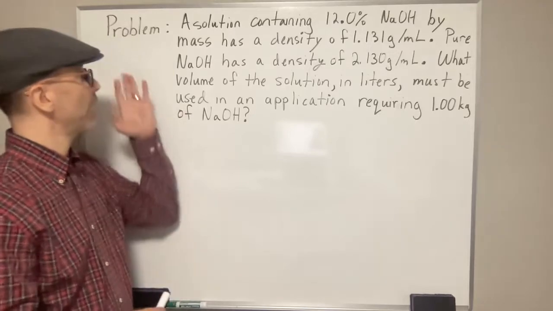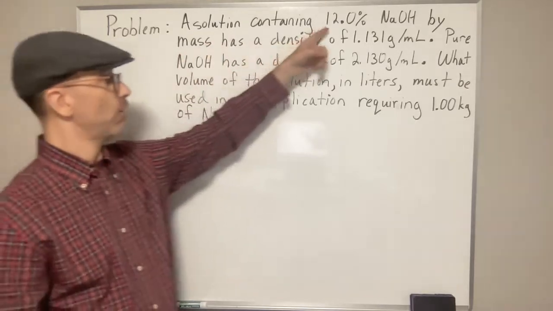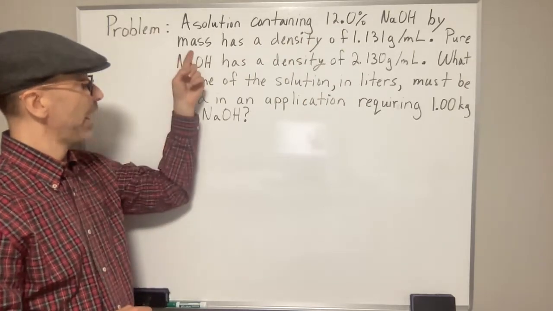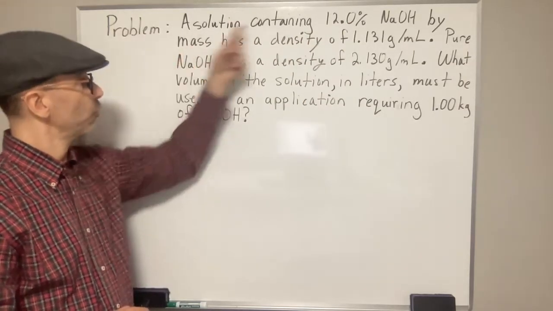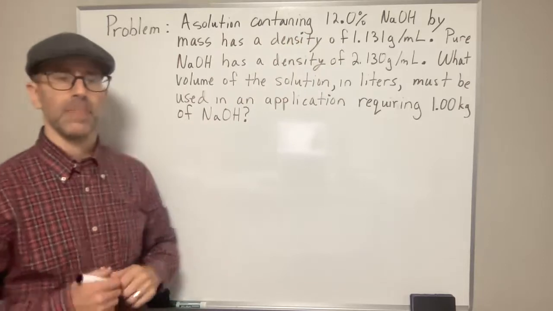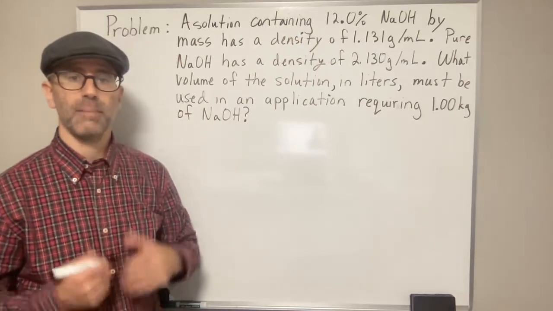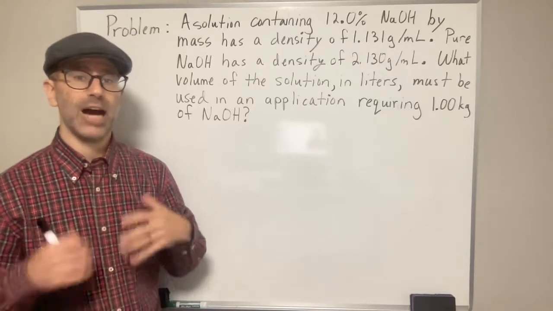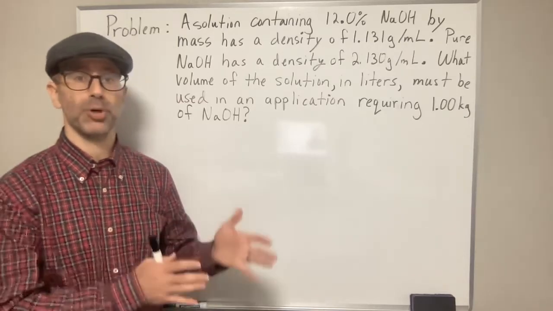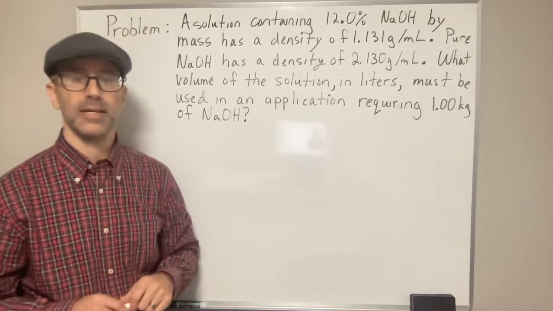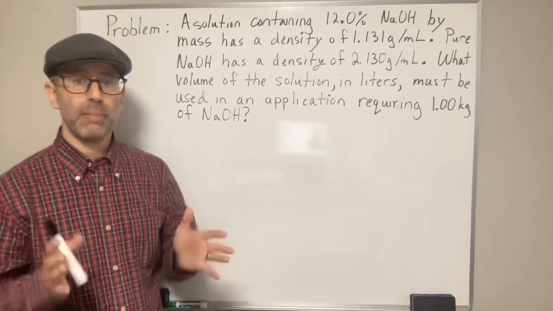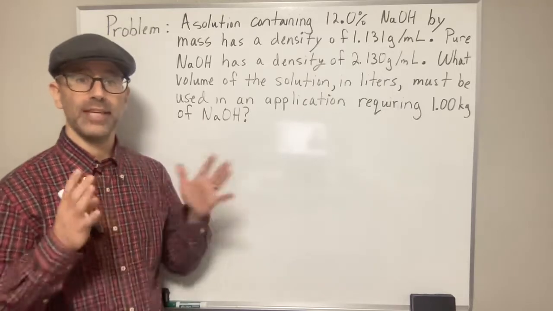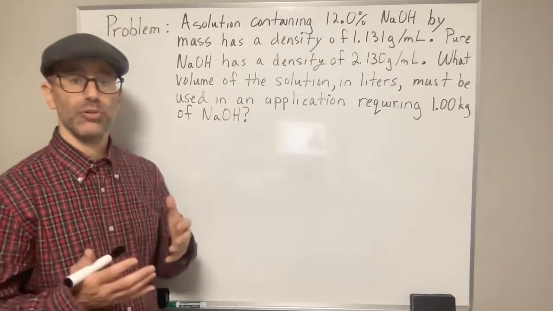So in this problem, we have a solution containing 12.0% sodium hydroxide by mass. That's going to be a conversion factor. With percentages, the way you want to understand a percentage is that it is out of 100. Percent means per 100. So if you remember that a percentage is out of 100, you can then write the equality using that percentage.